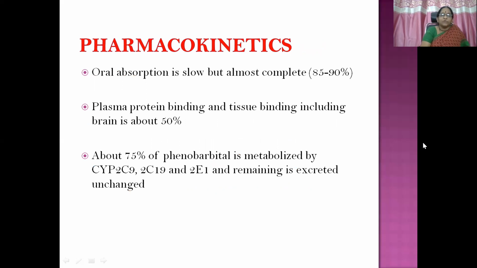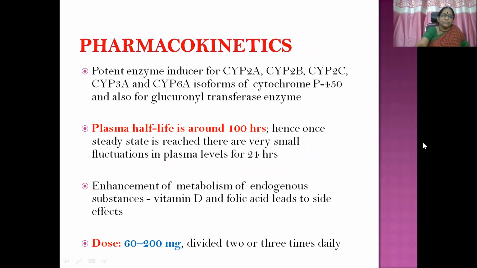Oral absorption is slow but complete. Plasma protein binding and tissue binding, including brain, is about 50%. 75% is metabolized through CYP2C9, 2C19 and 2E1, and the remaining part is excreted unchanged. It is also an enzyme inducer of CYP2A, 2B, 2C, 3A isoforms, and also glucuronyl transferase enzyme.